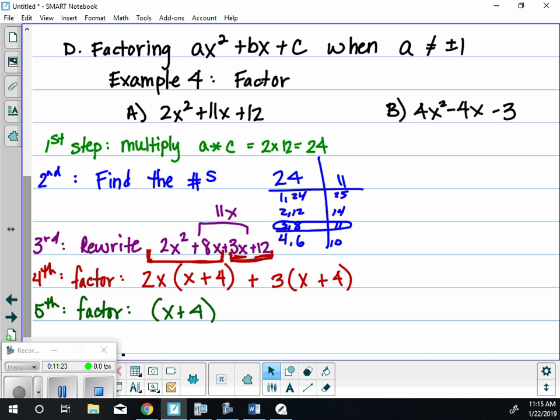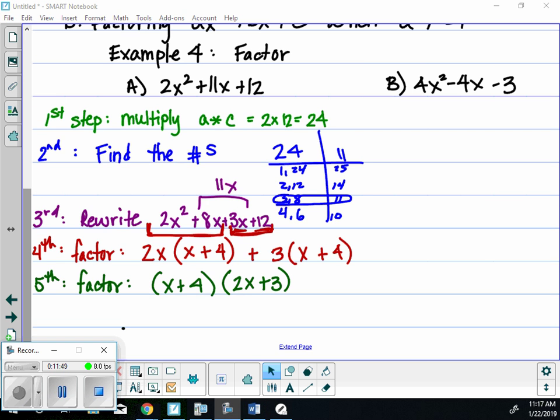If we take the x plus 4 out of the first term, what are we left with? 2x. And if we take the x plus 4 out of the second term, what do we have? 3. So I have an x plus 4, and I have a 2x plus 3. And now it's factored.